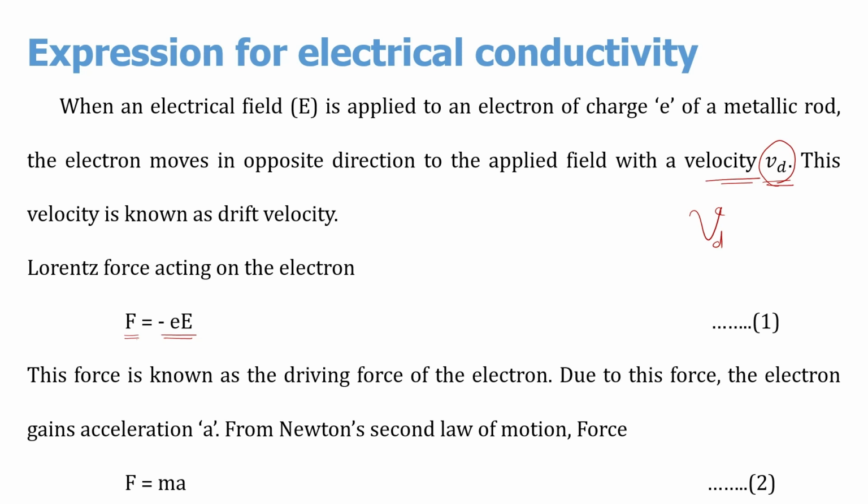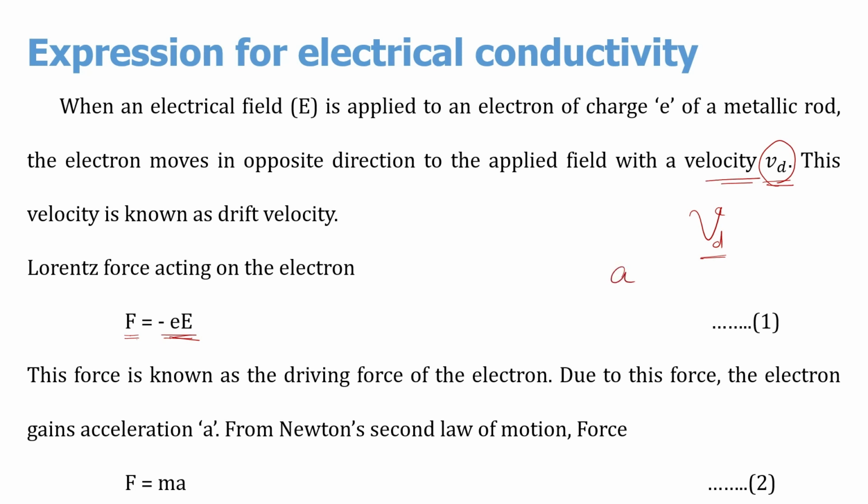Thereby, the force experienced by the electrons in the metal because of the applied electrical field is minus eE. This makes the electrons move in the material. Due to this force, the electron gains some acceleration.